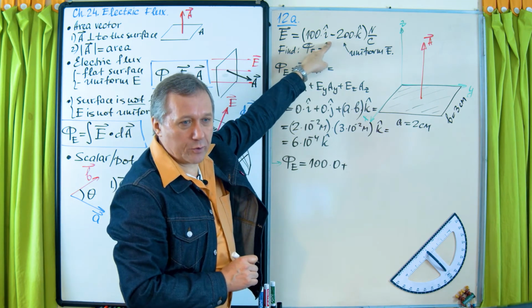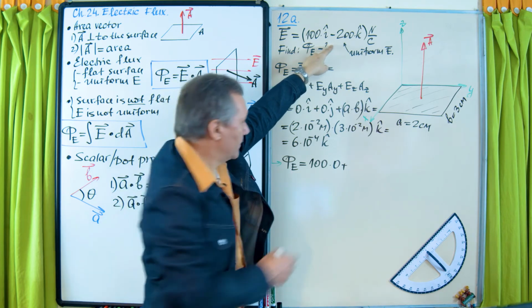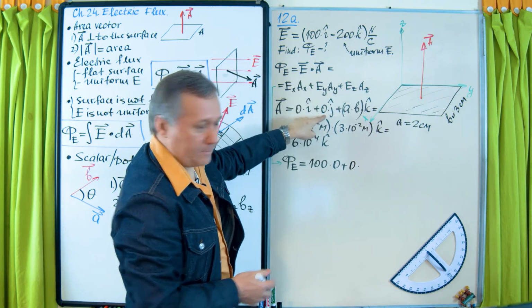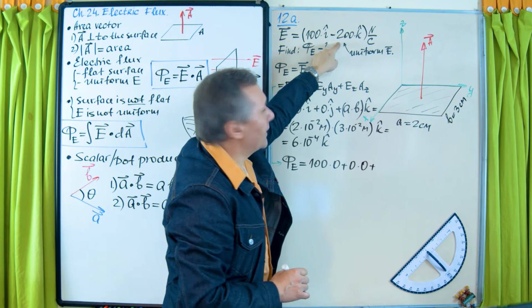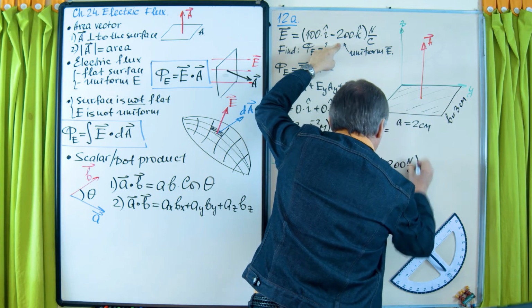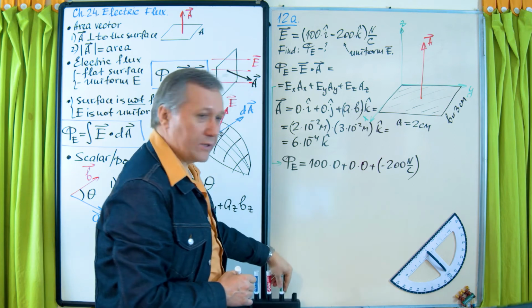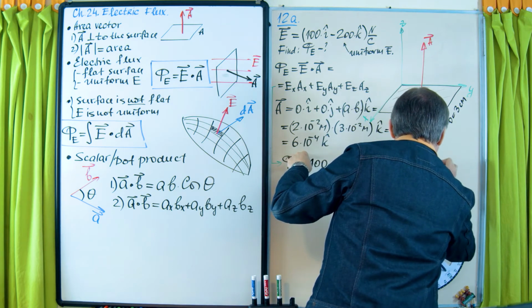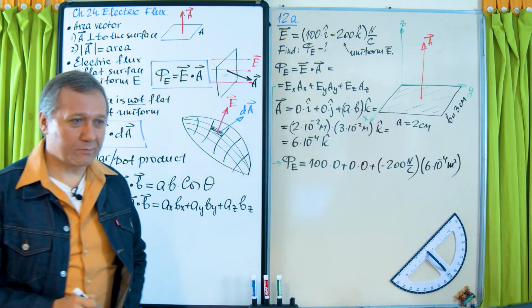It's not there, you see there is no j, which means the y component of the electric field is 0, so it's 0 times A sub y, A sub y also 0. And then plus E sub z, negative 200, times A sub z, which we just calculated: 6 times 10 to the power of negative 4 meters squared. Okay, so almost done.